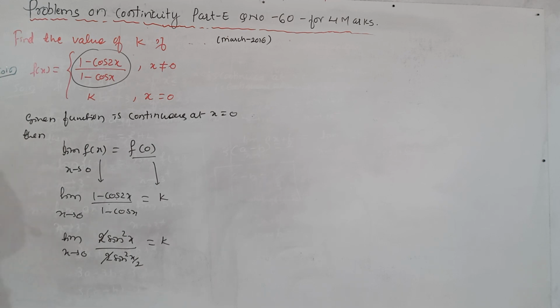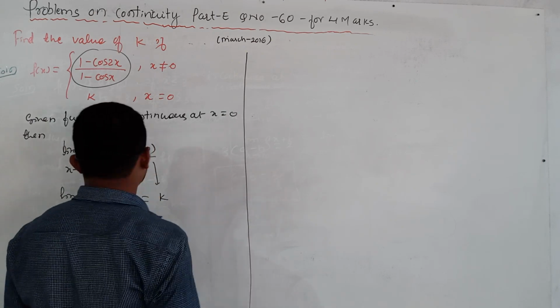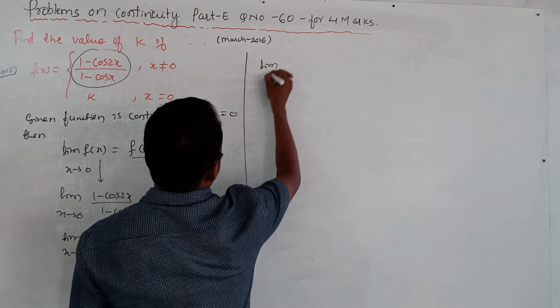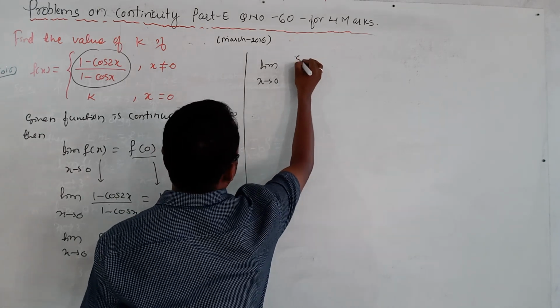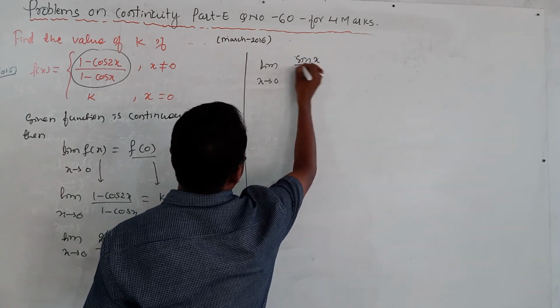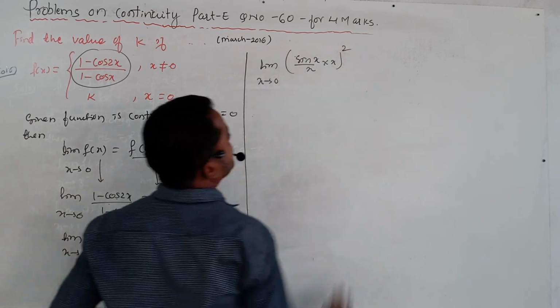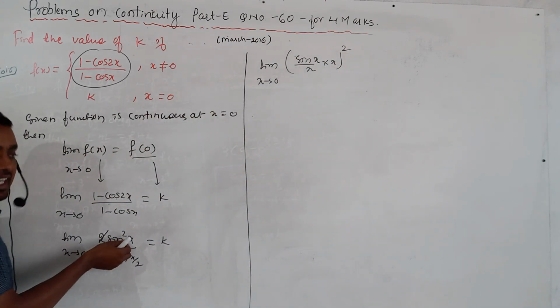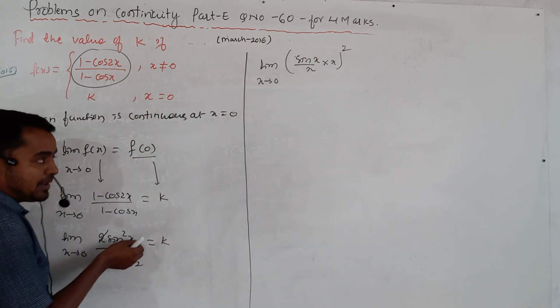Now I am making some arrangement here. The limit as x tends to 0 of sin square x: I am writing it as (sin x divided by x, into x) whole square. Sin x, I am dividing and multiplying by x.